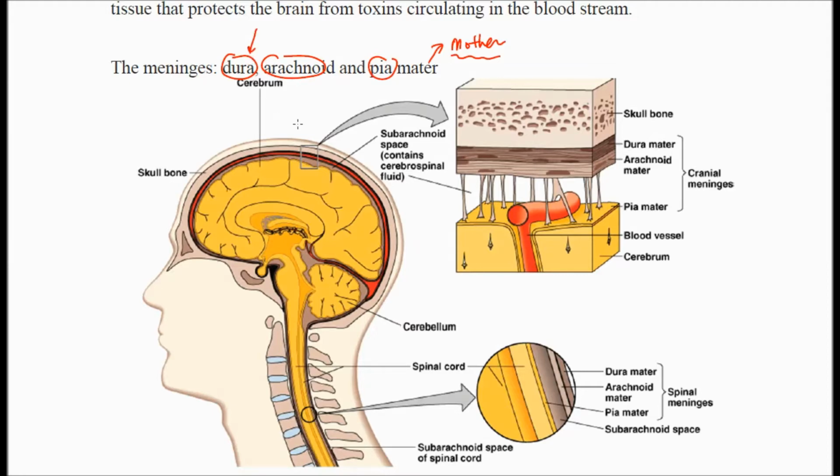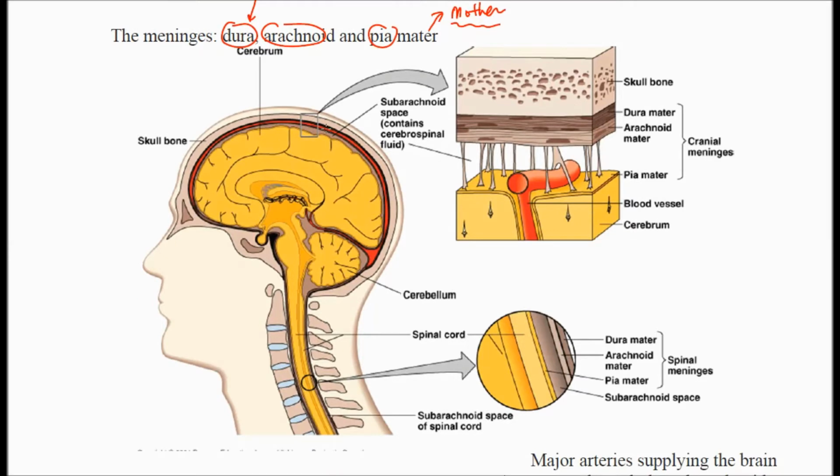So durable mother. As the name implies, it's the thickest connective tissue that surrounds the outer part, and it's closely adjacent to the bony structure, which is the skull. Beneath the dura mater, there's arachnoid mater.